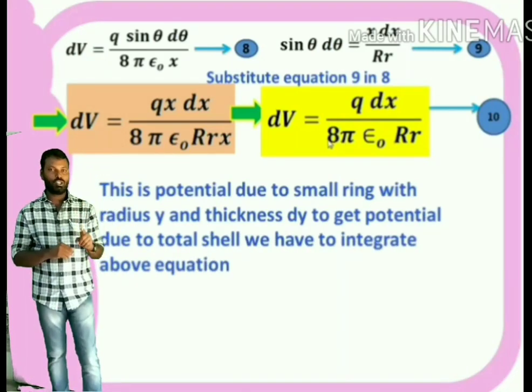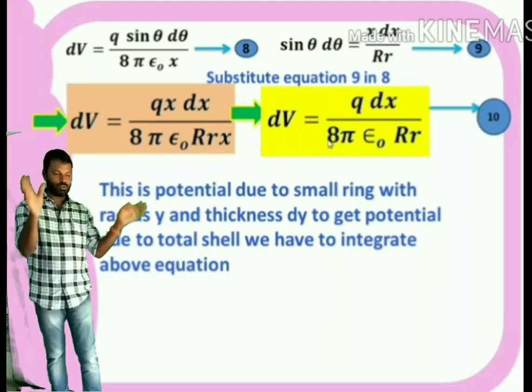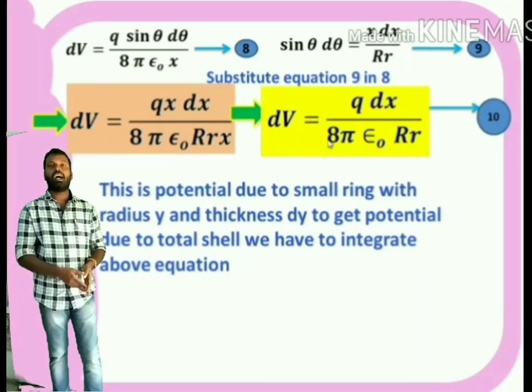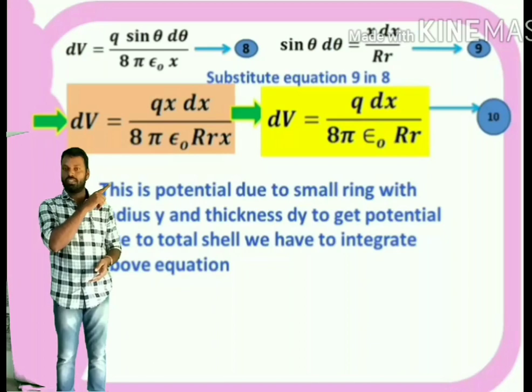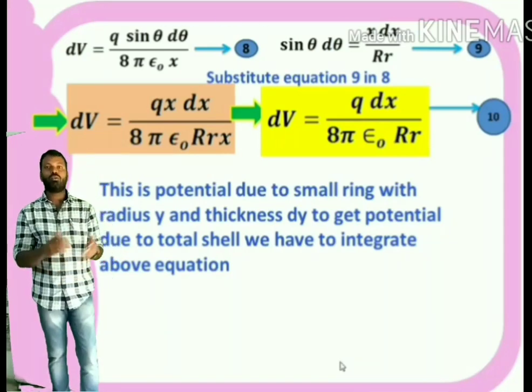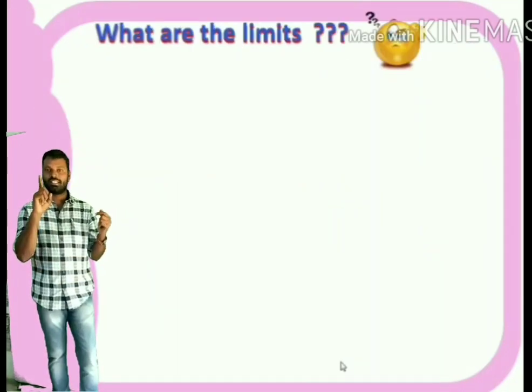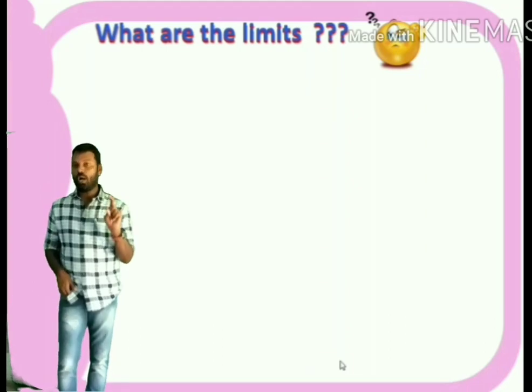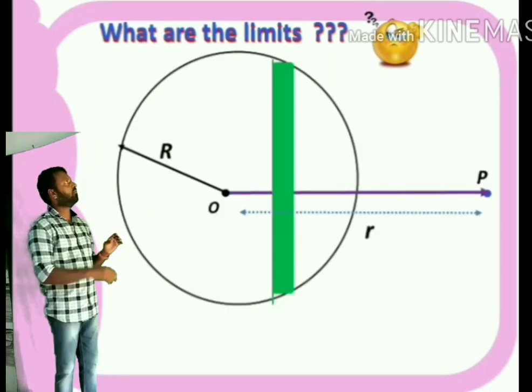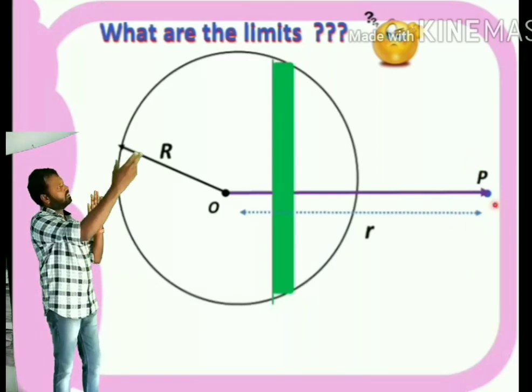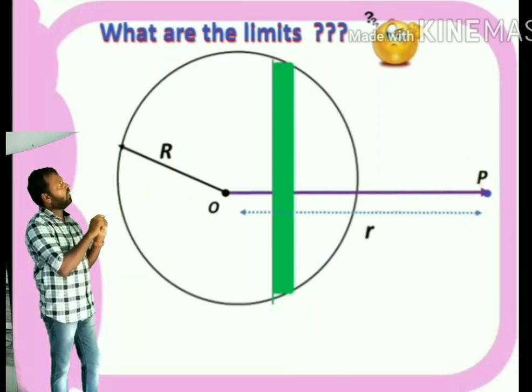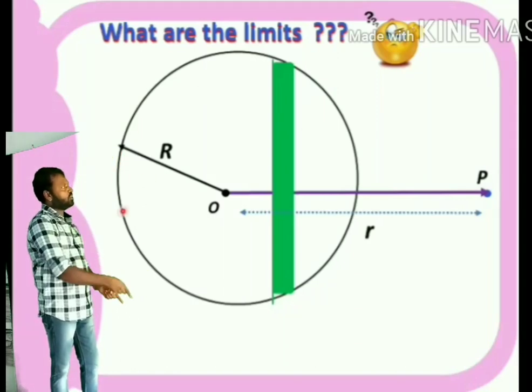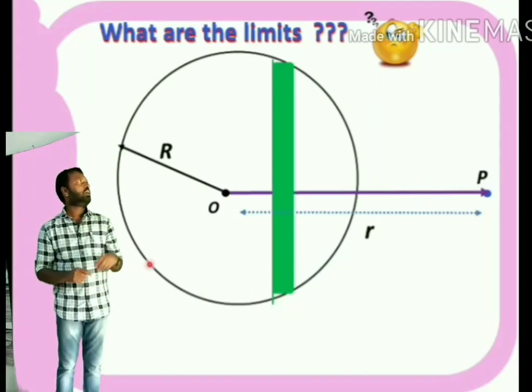To get the total potential due to the whole spherical shell, what do I have to do? I have to integrate the above equation within the limits. Now what are the limits? Case number 1, if the point is outside, then what are my limits? See here, point P is at a distance r from the center O. Now I have to find the total potential due to the whole shell.